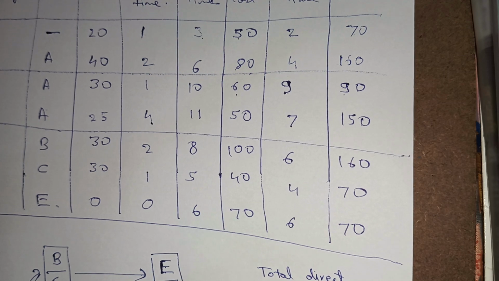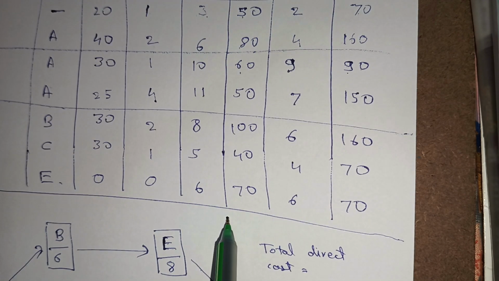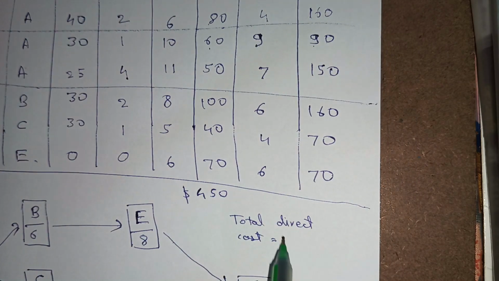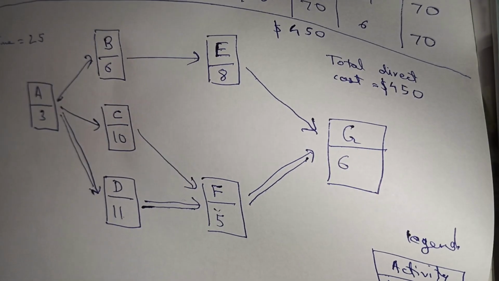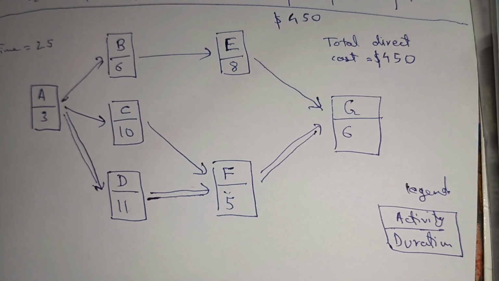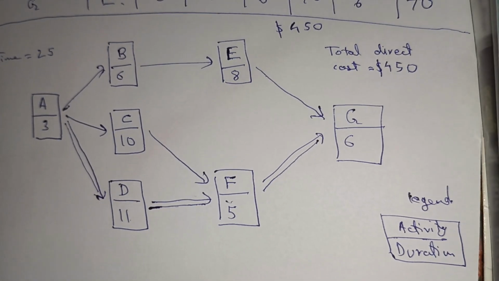So if you calculate the total, we'll get it as $450. So this is our total, $450. Okay, I hope this is understood. This is our total direct cost for doing this project.